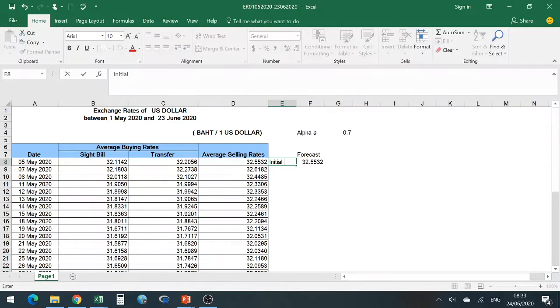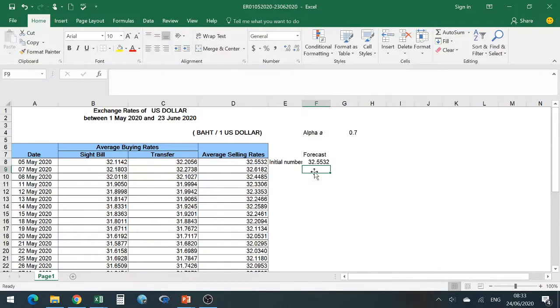It's just the same number, the initial number.